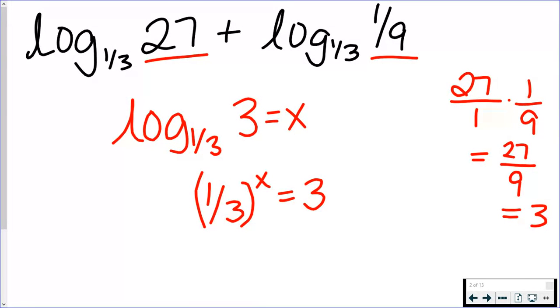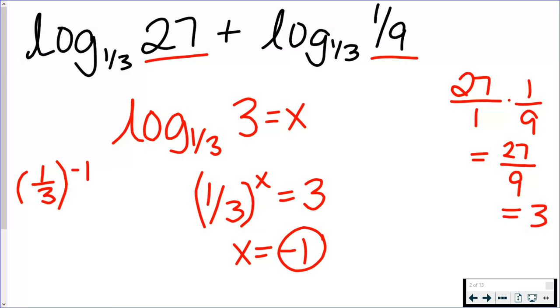Well, 3 to the first power would be 3. But in order for it to flip, it would have to be 3 to the negative first power. So I'll write that out to the side. I have 1/3 to the negative 1.